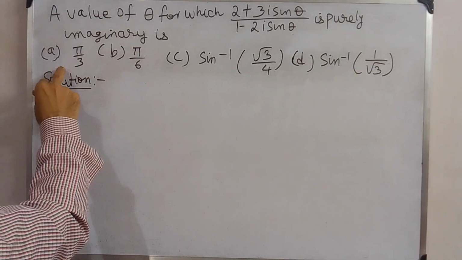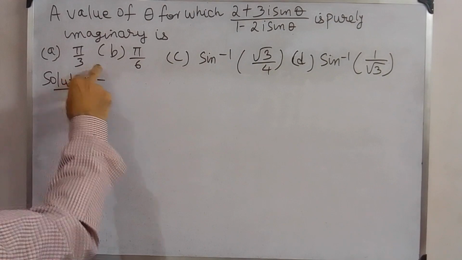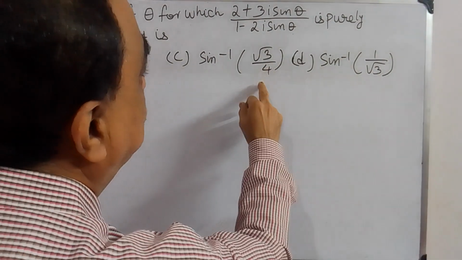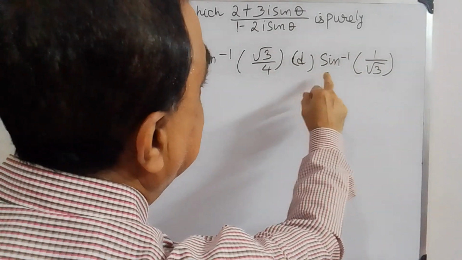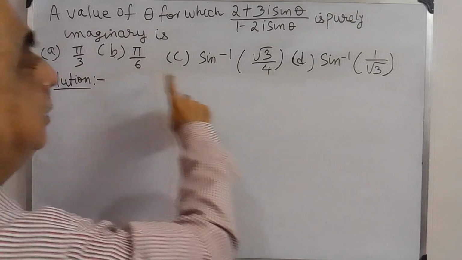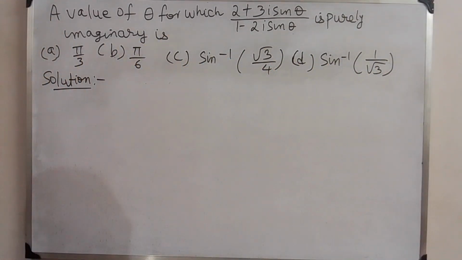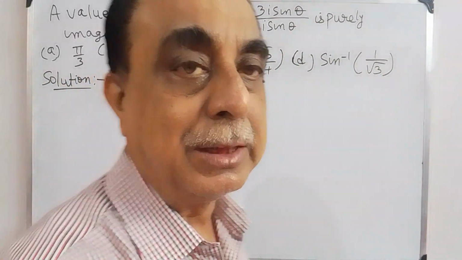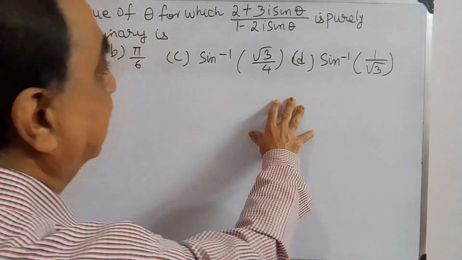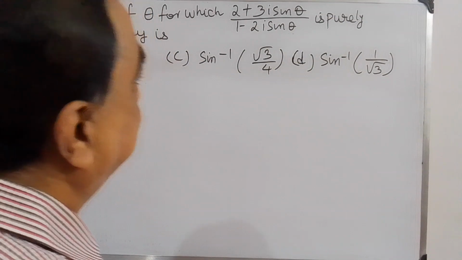The given options are A) pi by 3, B) pi by 6, C) sine inverse root 3 by 4, and D) sine inverse 1 by root 3. Out of these four given options, only one is the correct answer. So we have to find that correct answer from the given options.